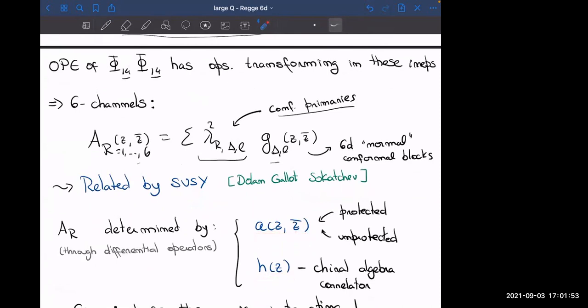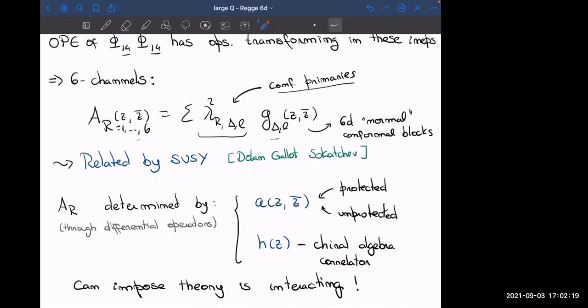So just as a side comment, this H is related to this inherent chiral algebra that you can carve out in this series. And so this H is related to the chiral algebra correlator. And as such, it only receives contributions from this type of operators that contribute to the chiral algebra. Whereas A receives contributions from everything, all protected and unprotected operators.